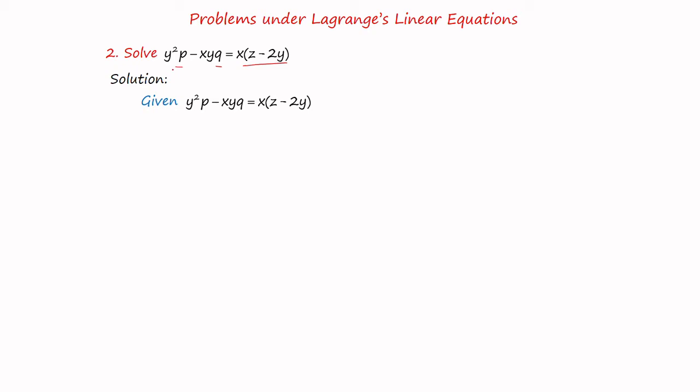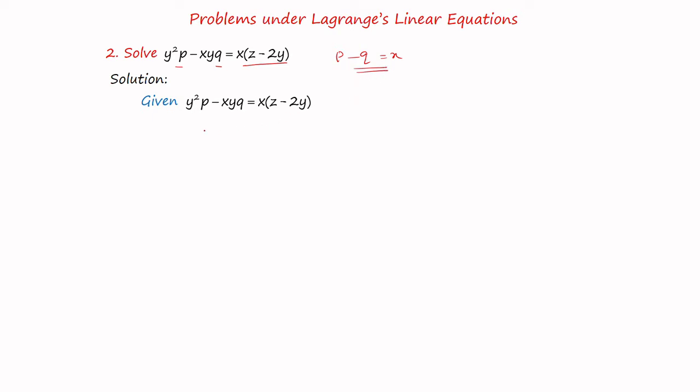I already told you that instead of this x by z, some constant is also present. Then just p minus q is equal to x. That is also a Lagrange's linear equation.